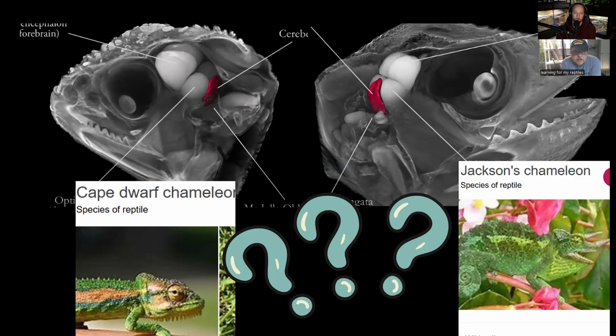So a dwarf chameleon, this Cape dwarf chameleon, and a Jackson chameleon, the brain, those numbers that we saw, when you compare these two, the dwarf might actually have a bigger brain. They're very similar in size. The Jackson chameleon's about 25 centimeters long as an adult. The dwarf chameleon's 15. Why are they the same size brain numerically? I don't know. I find this bizarre.